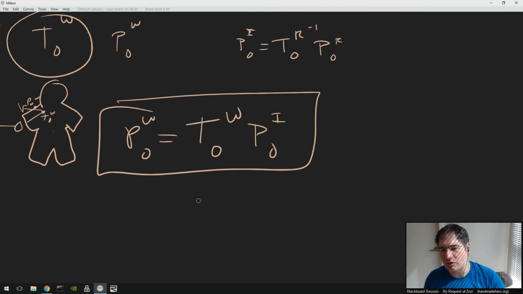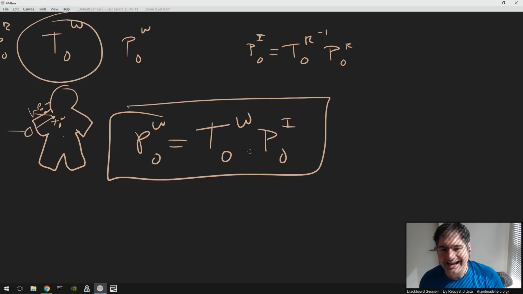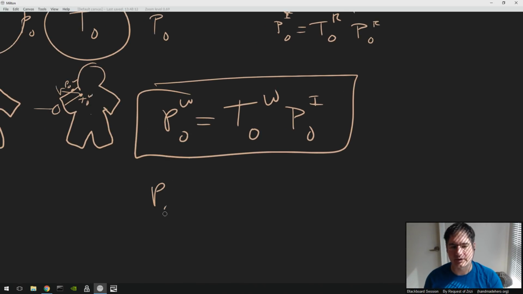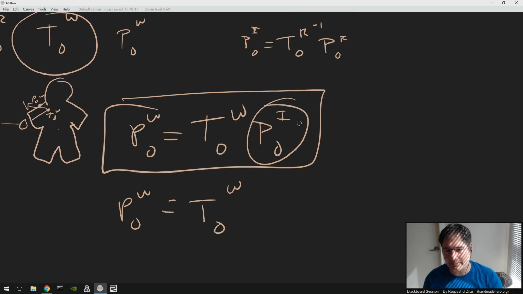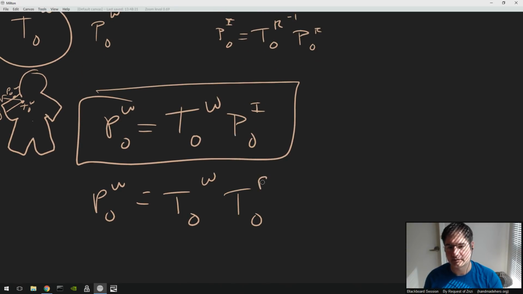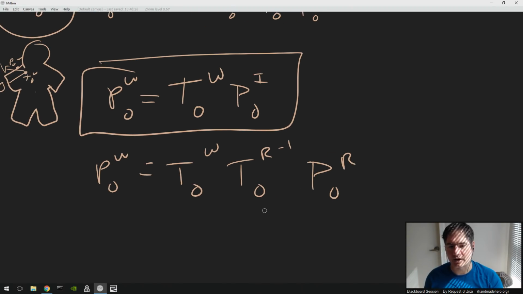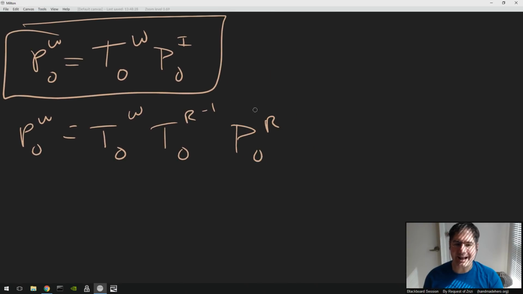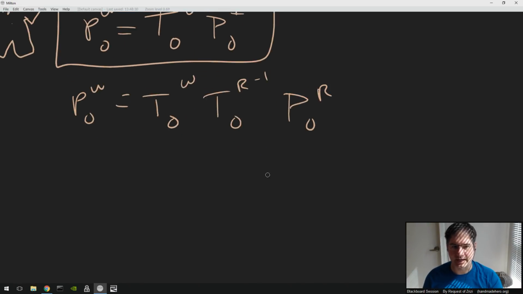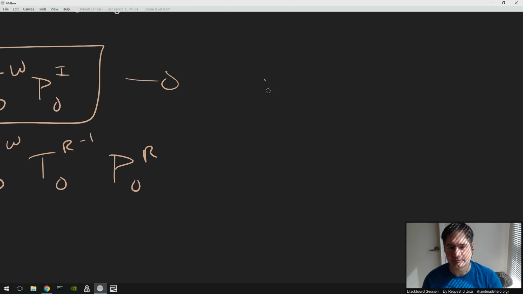Well, what you actually want to do, instead of storing a bunch of these once you need to do multiple of them, is just look at what this actually computed. What this actually computed was T0W in this term. It equals that. We just said so. It's T rest pose inverse times P0R, okay? Now look what happens when we do the full sum. We said before what I wanted to do was extend this value.